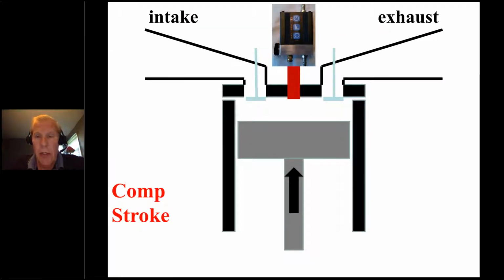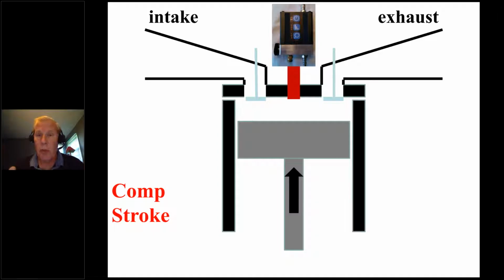When I teach this class, many times I'll ask the question to the group, where is your pressure transducer? And I see the look on the faces of those in attendance, which might be the same look that's on your face right now, wondering what does John mean by that? Because clearly the pressure transducer is connected to the cylinder, and 100%, we are connected to the cylinder via the spark plug.